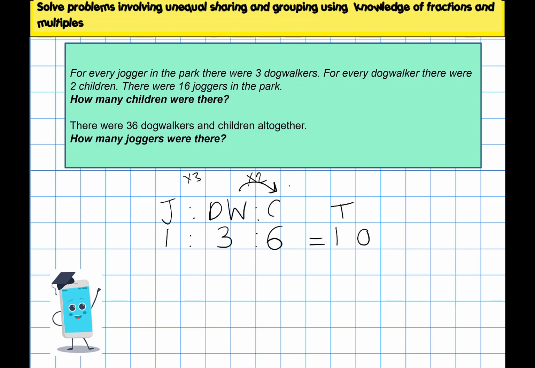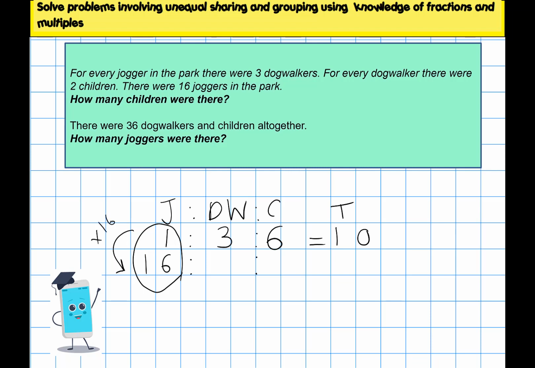Okay, now let's work through the rest of the information. There were 16 joggers in the park. Okay, so I can put that under here. How many children were there? Okay, well, we can work through this. We can compare this to find our scale factor. What do we multiply 1 by to get to 16?